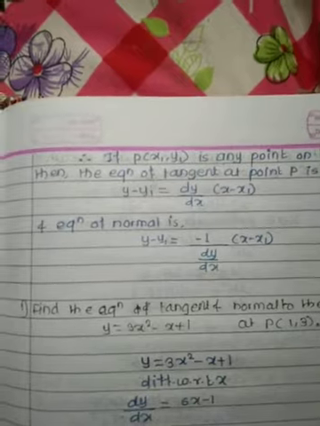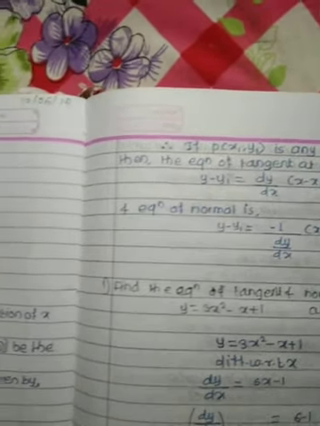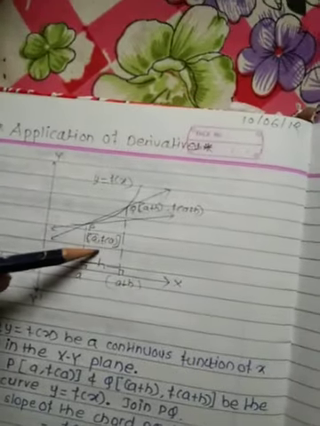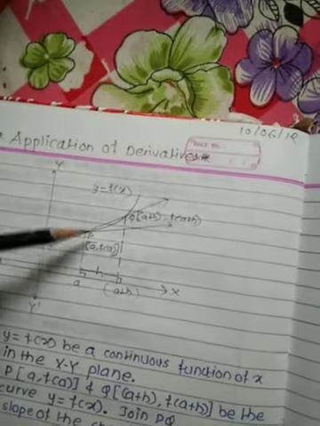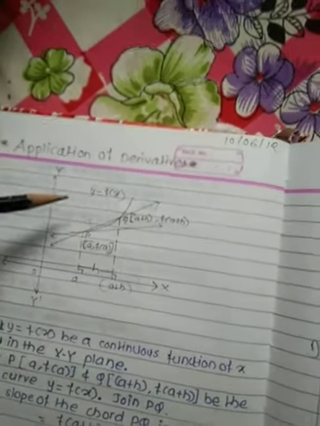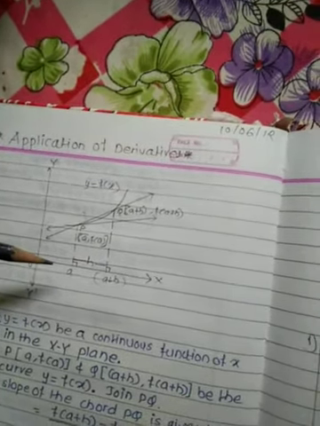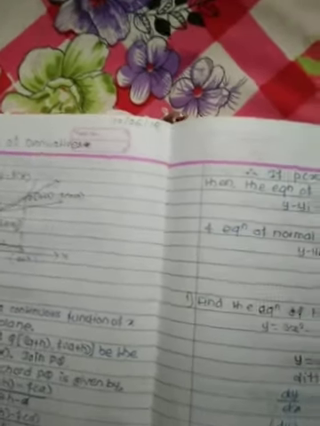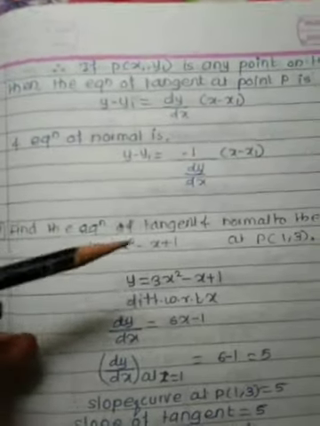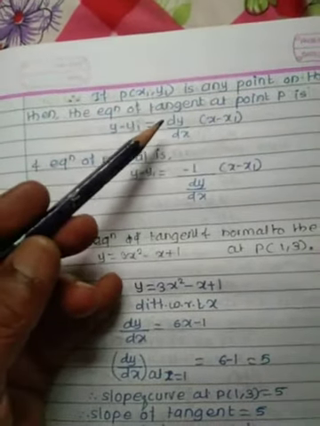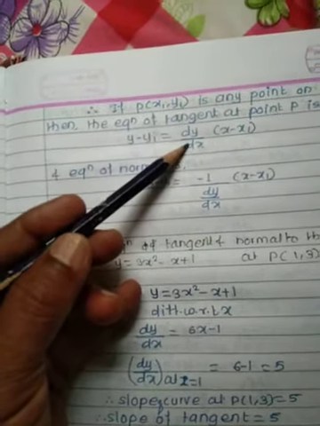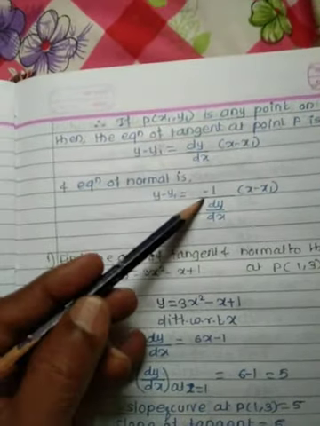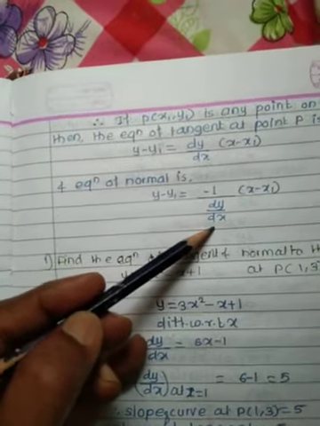Now normal is the line perpendicular to the tangent. When lines are perpendicular, the product of their slopes is minus 1, that is, negative reciprocals. If dy by dx is the slope of the tangent, then the slope of the normal is minus 1 upon dy upon dx.